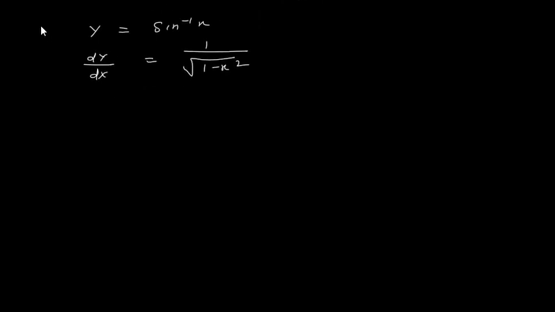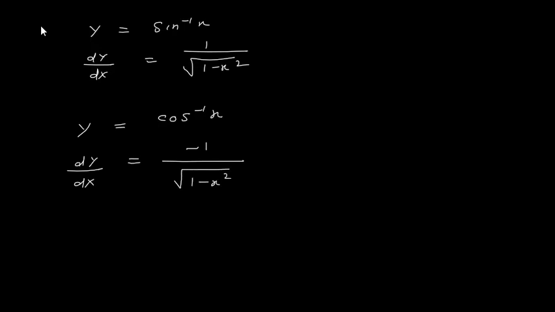And in the same way we can find the derivative when the function is cos inverse x. For cos inverse x, dy upon dx is equal to minus 1 upon root of 1 minus x square. Simple. For sine inverse x, it is 1 upon root of 1 minus x square; for cos inverse x, it is minus 1 upon root of 1 minus x square. You have to remember these formulas.